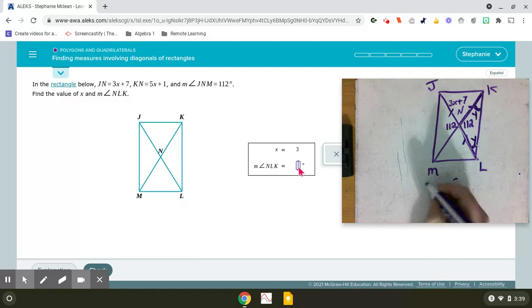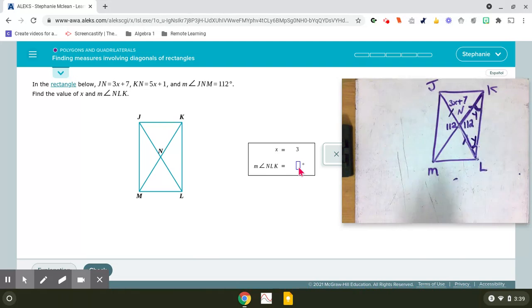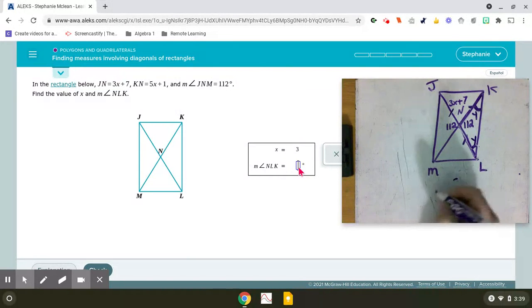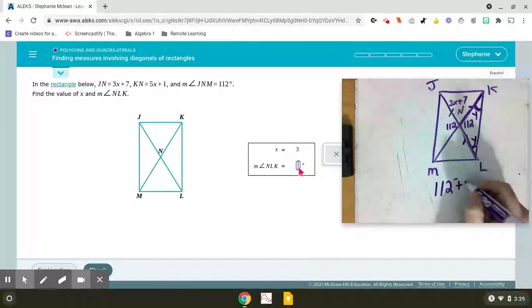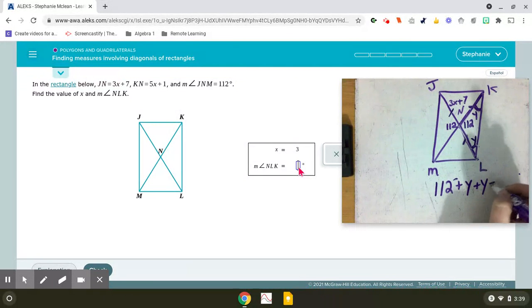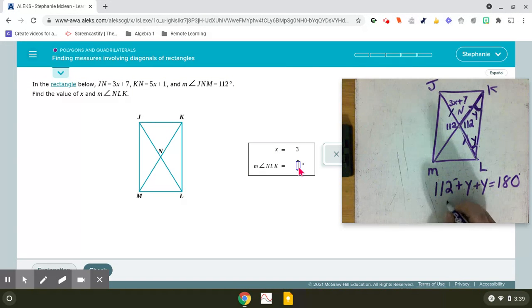Adding all of those together will give me 180. So I have 112 plus 2y equals 180.